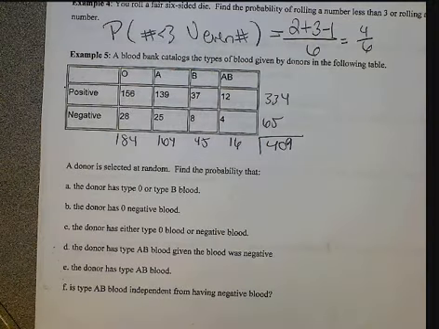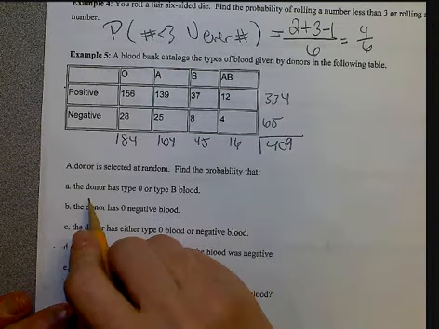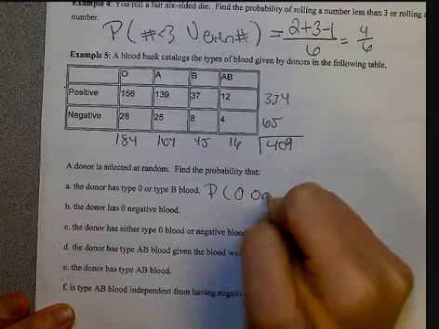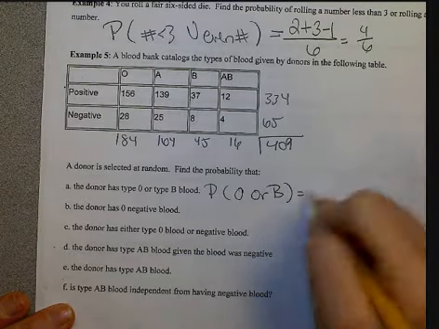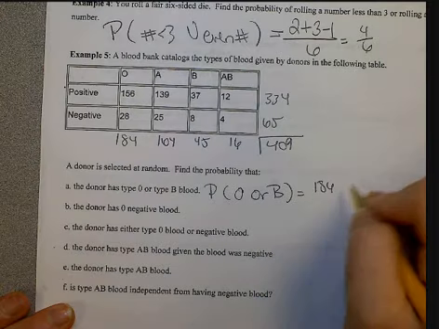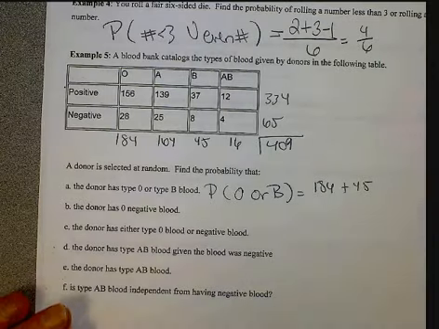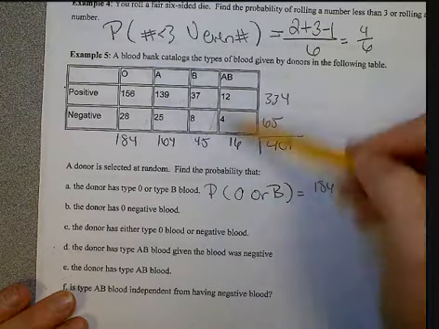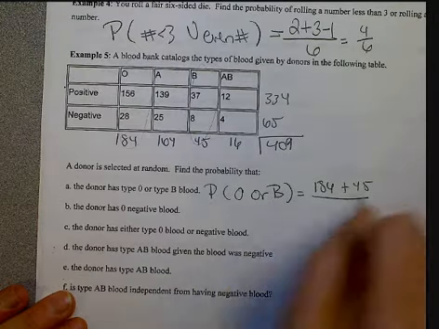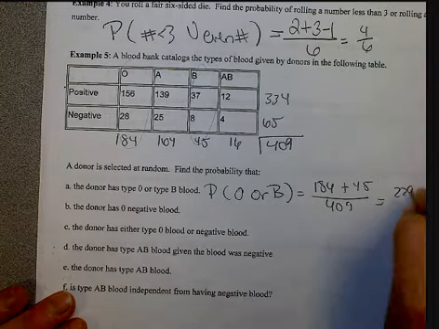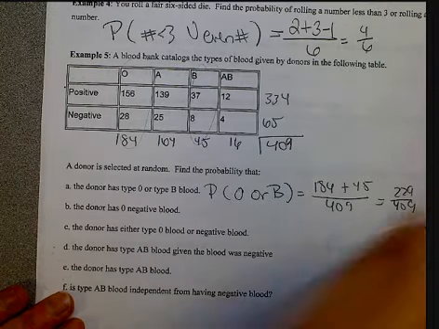So I have those for you so we can quickly add those together. We want the probability of selecting a donor that has type O or B blood. We have 184 type O. We have 45 type B. Do we have to subtract? Are there any we double counted? Nope. We don't have any that we double counted out of the 409, and so we end up getting 229 over 409.